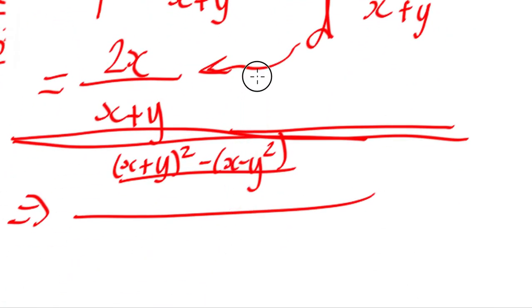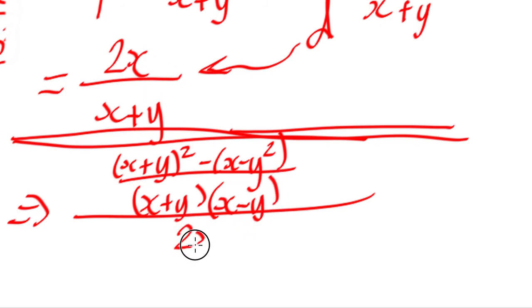If you want, we can put the x plus y first by commutativity, x plus y times x minus y. Doesn't matter. By the commutative property of multiplication, they're just equal. I just want to put the plus sign first. Seems proper. And then our denominator will be 2x all over x plus y.